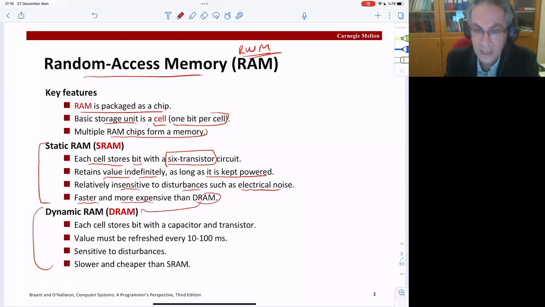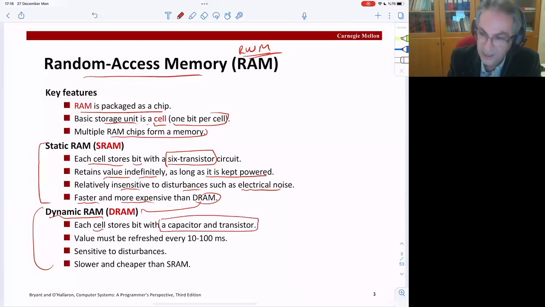It will keep its storage all the time, but it is faster and more expensive than what's called DRAM. Now, what's DRAM? It's called dynamic RAM, and in this case, each cell is much cheaper. It's implemented with a capacitor and a transistor, so you use very little silicon real estate, but its value needs to be refreshed every 10 to 100 milliseconds.